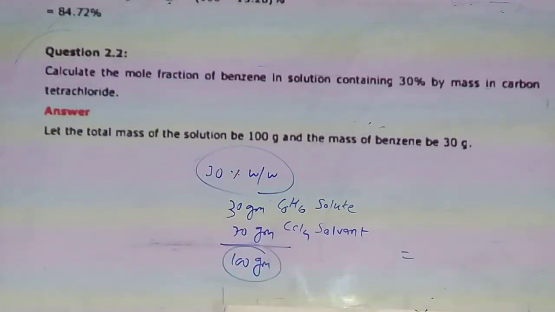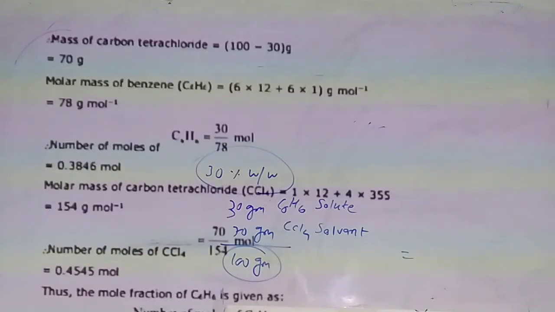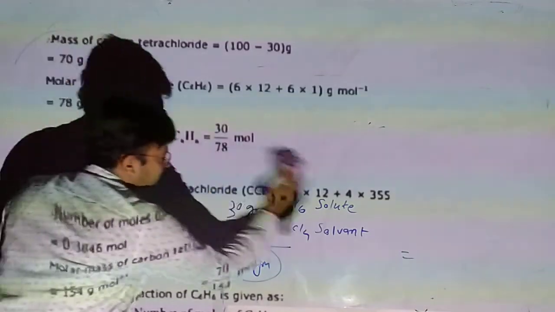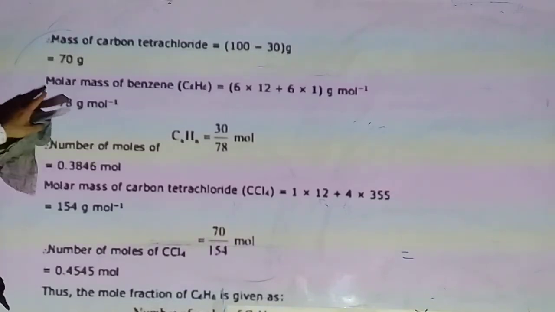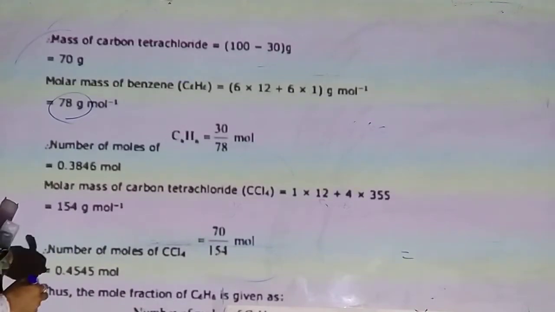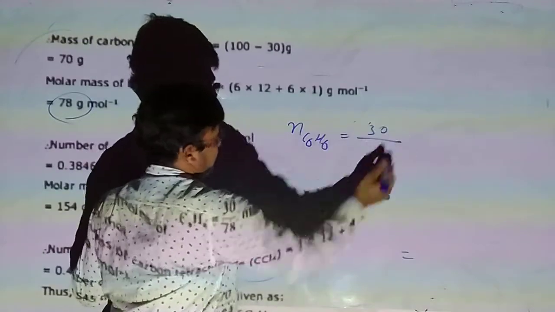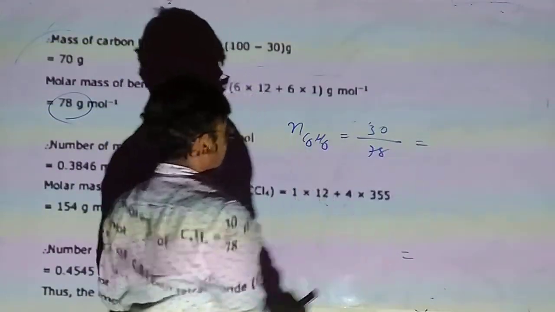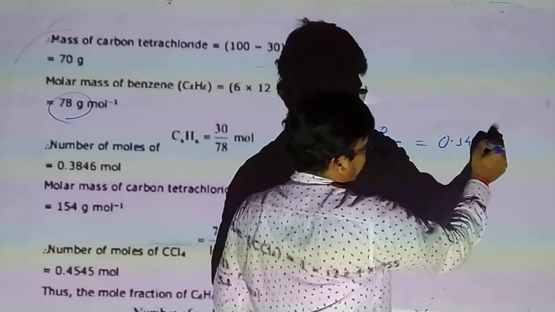So for getting the mole fraction, we have to derive moles first. Mass of carbon tetrachloride is 70. Mass of benzene is 30. Molar mass of benzene is 78. So mole of benzene is the mass of benzene upon molecular mass, 0.3846.